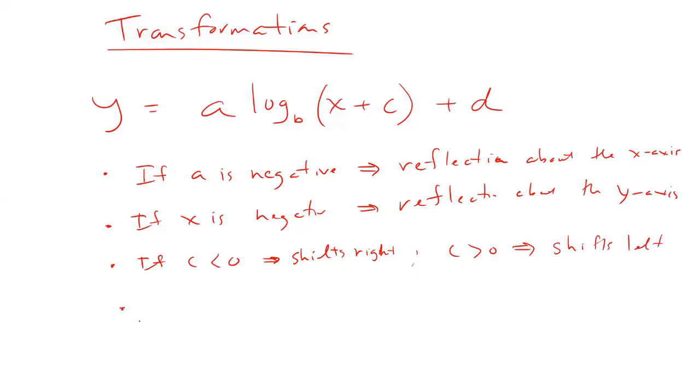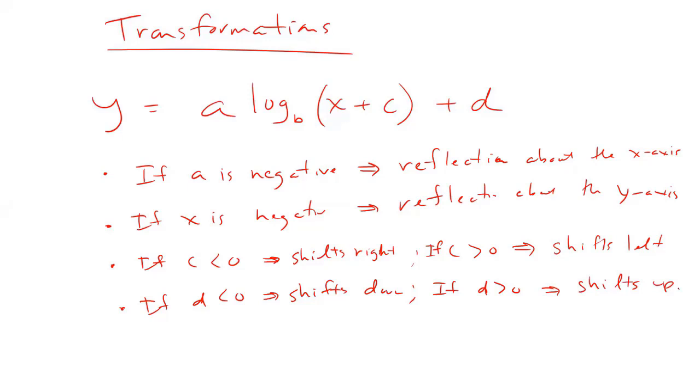Are we good there? And last one here, if d is less than 0, it shifts down. If d is greater than 0, it shifts up. There it is. Okay, got all the transformations here.